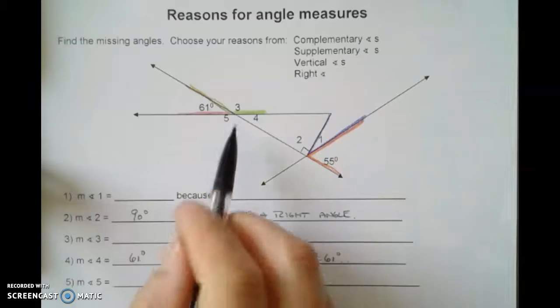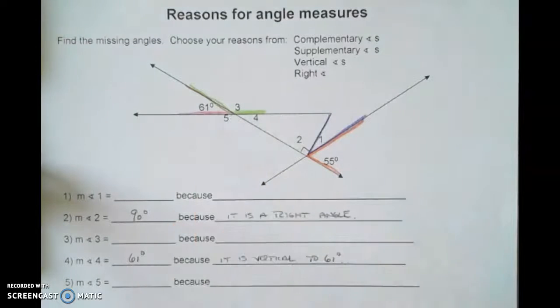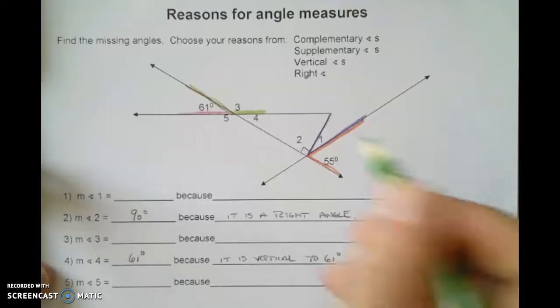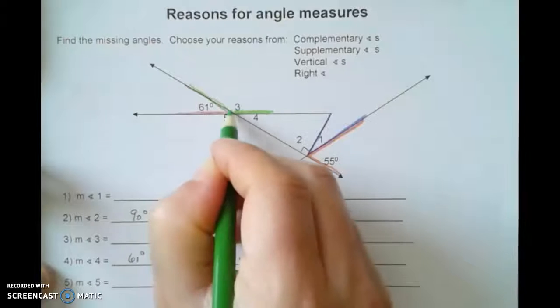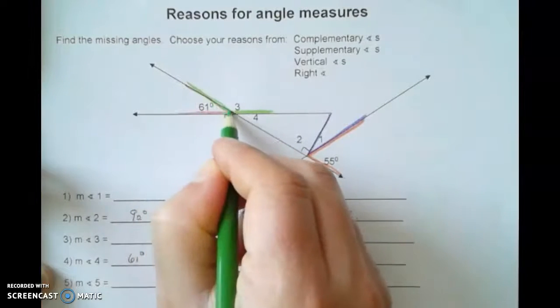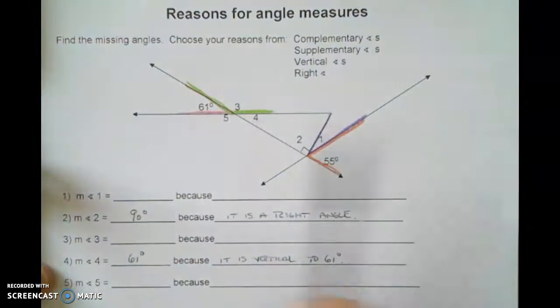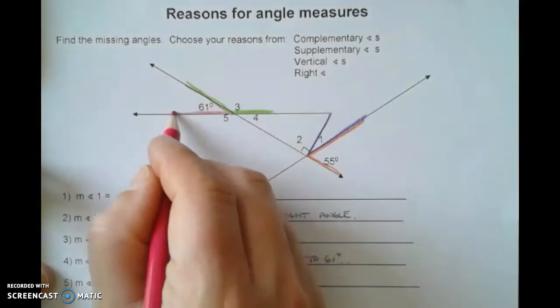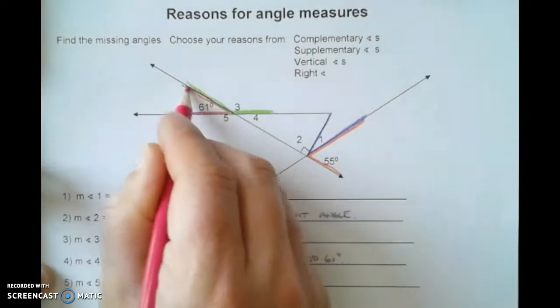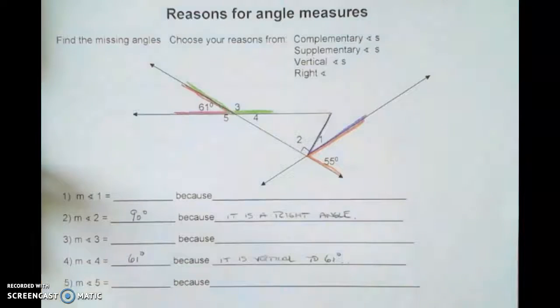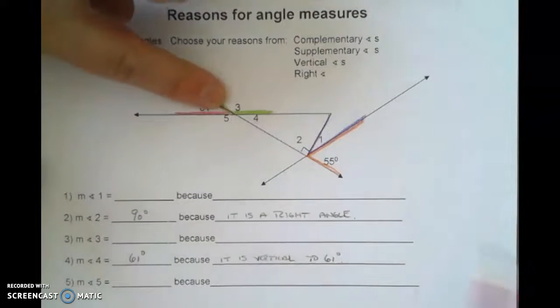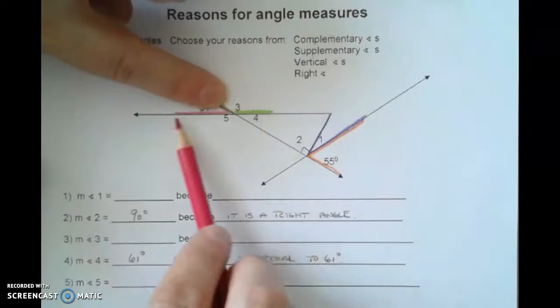Okay, I'm going to stay here at this point of intersection. I'm going to get angle number 3, which I'm going to trace in green. Okay, angle number 3 is right here in green. And at the intersecting point, I have the 61-degree angle, which I'll trace with my red color. Here's my red color right there. And if I cover up the ray that they share, notice right here is a straight angle.